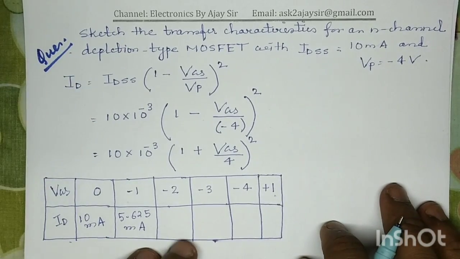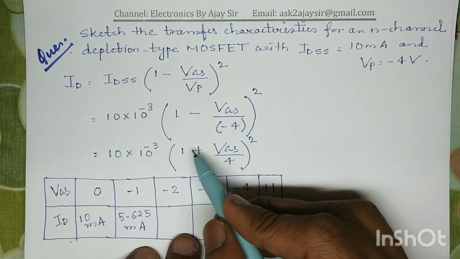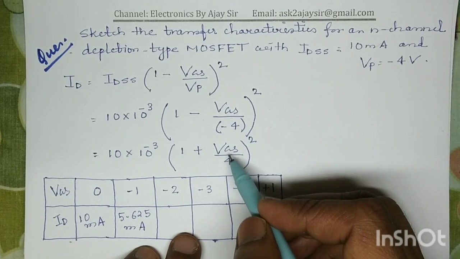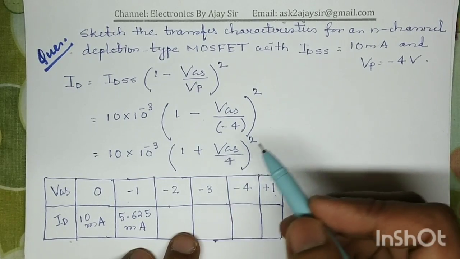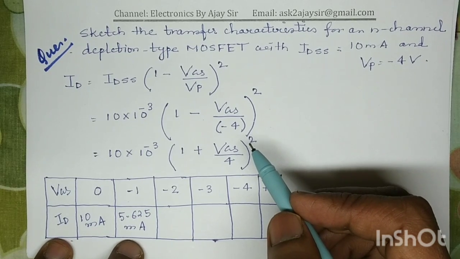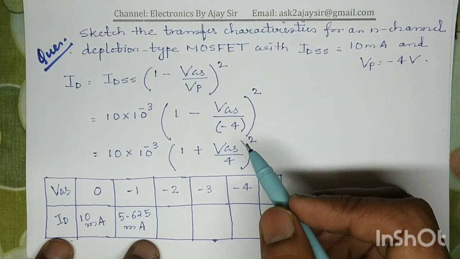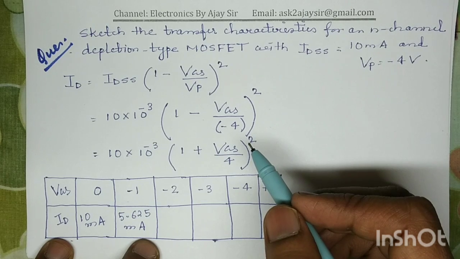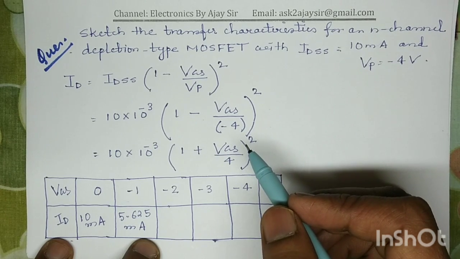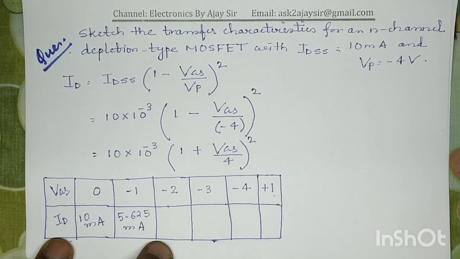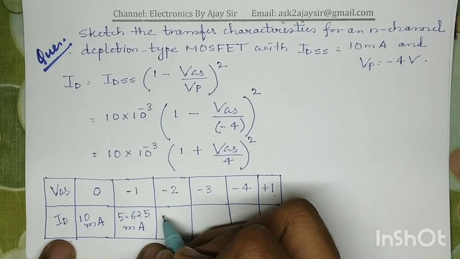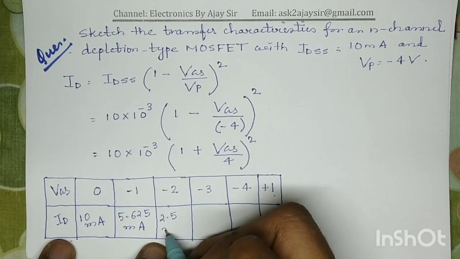Next, if we substitute -2 here, 1 minus 2 by 4, 2 by 4 is half, 1 minus half is half, square of it is 1 by 4. So 10 times 1 by 4 becomes 2.5 milliampere.